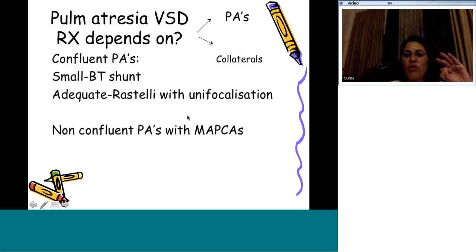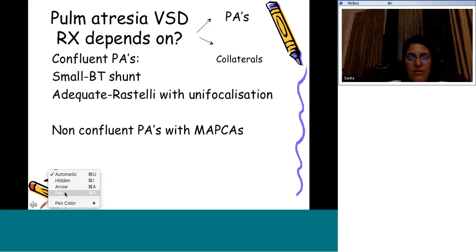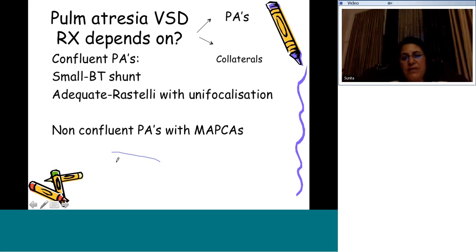If you have non-confluent PAs, do you all understand unifocalization? So just to explain, let us say you've got PAs like this, whatever their size may be, and they are supplying, let's say, 6 of your lung fields.